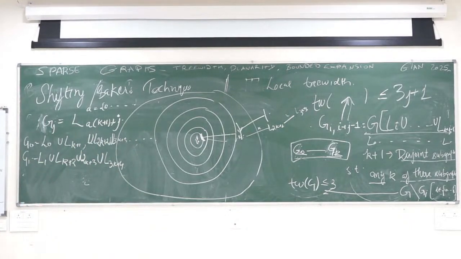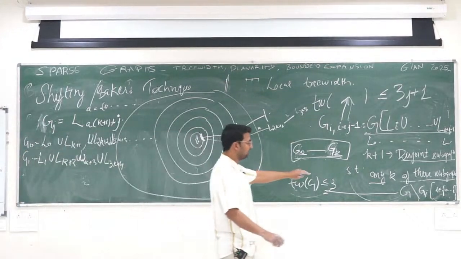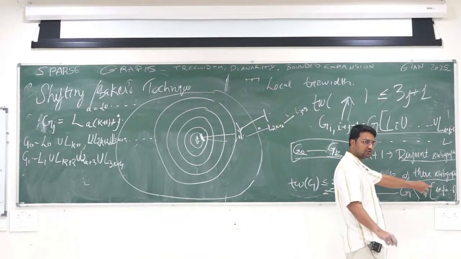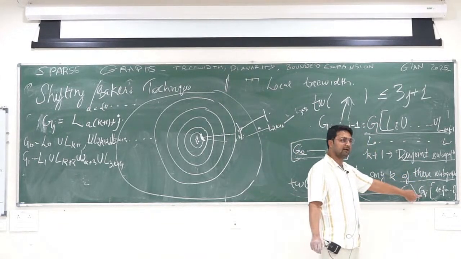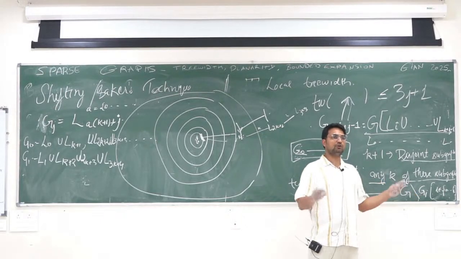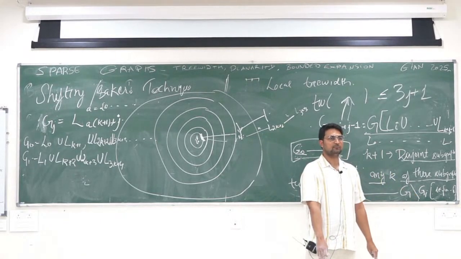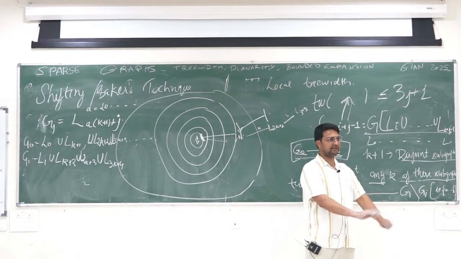So these things we are doing for planar graphs only? I am trying to do everything for planar graphs. You can define all of these things for any graph you want, just that the properties will not fall into the picture. So what property do these k classes have? Any k of these subgraphs are such that if you remove one of these subgraphs from your graph, G minus Gi has bounded treewidth, for every i.